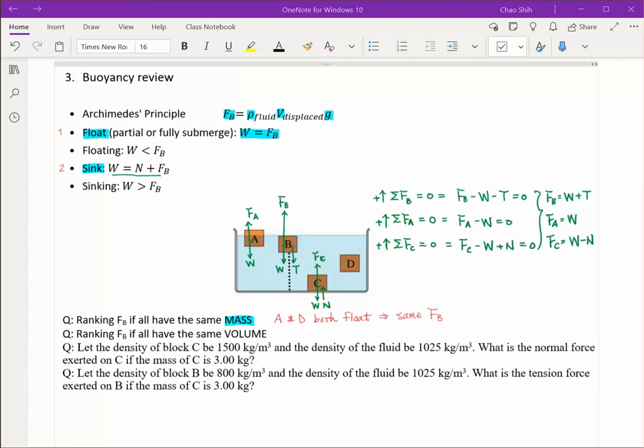What about the volume? What happens if we have the same volume? Well, the volume is the thing that will determine your buoyancy force based on the Archimedes principle, because if the volume displaces the fluid the same, then their buoyancy force should be the same.